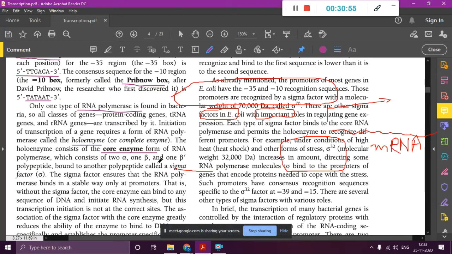The holoenzyme is made up of the core enzyme, which has 2 alpha units, 1 beta unit, and 1 beta dash polypeptide. So the core consists of 2 alpha, 1 beta, 1 beta dash, and that's it. That's the core enzyme.